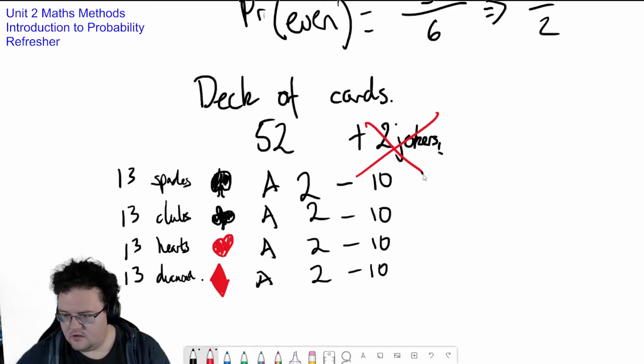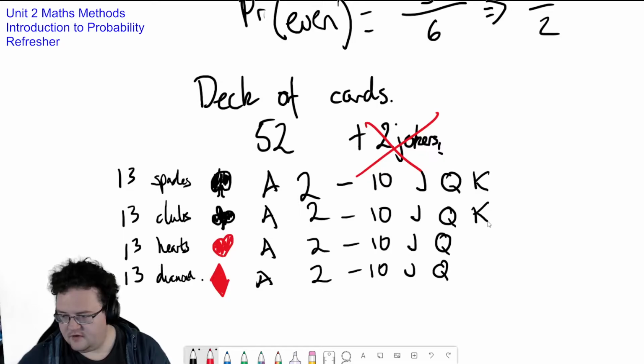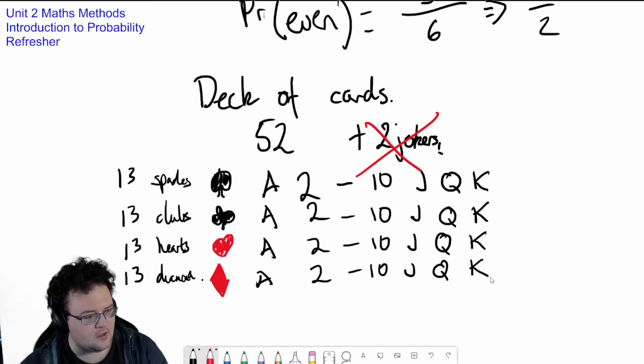You've got the Jack, the Queen, and on the end you've got the King. So there are 13 cards in each suit, 3 of which are picture cards. 4 suits times 13 makes 52.